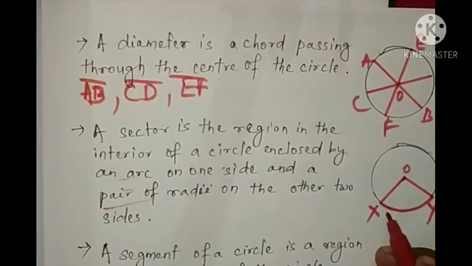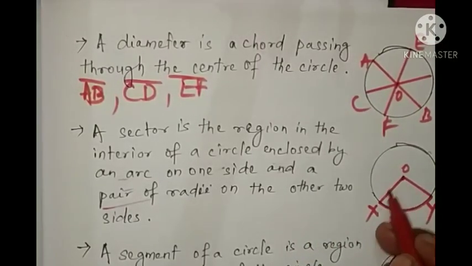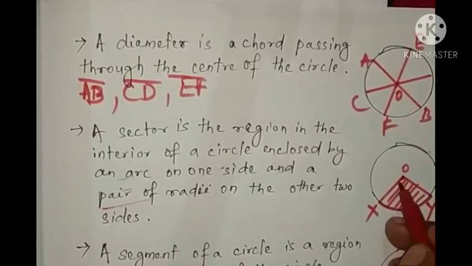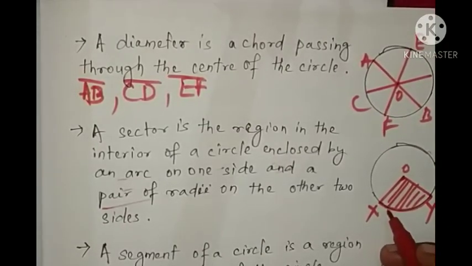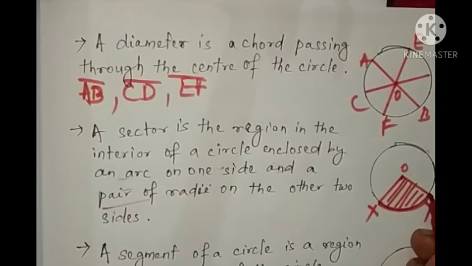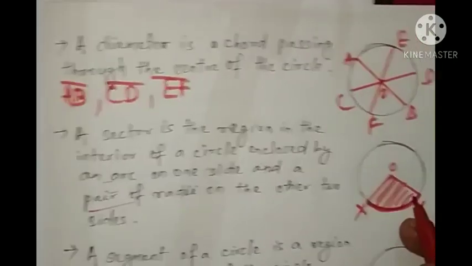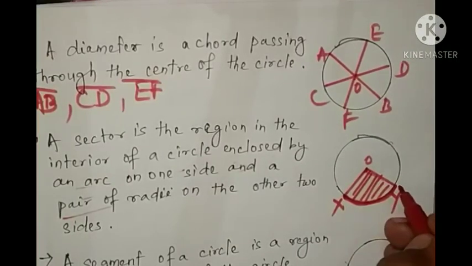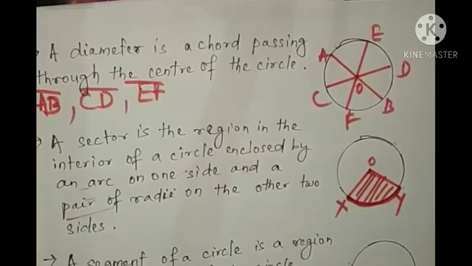What is it? It is contained in the interior region of the circle, enclosed by it. This is the interior region. It is enclosed by an arc. This XY is an arc. On the other sides are OX and OY, the 2 radii.